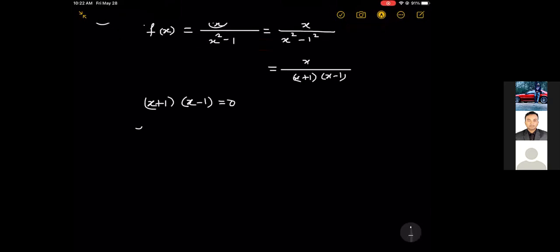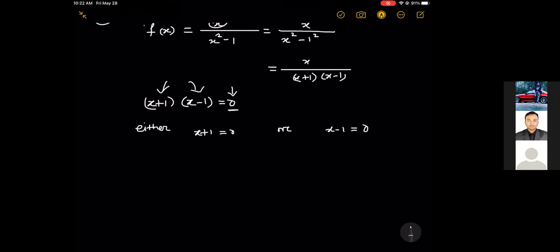So that means either x plus 1 is 0 or x minus 1 is 0. Because when you have 0 as the product, at least one of these has to be 0. Otherwise, the product can't be 0.